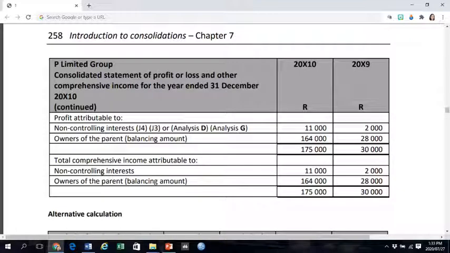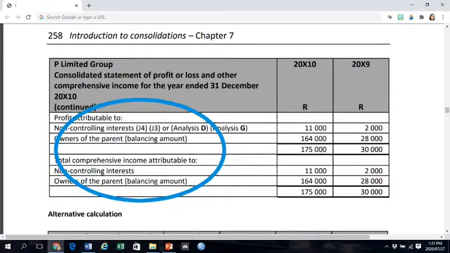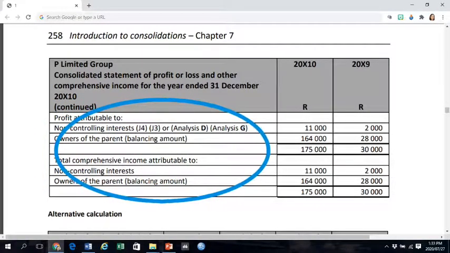The consolidated statement of profit and loss is never complete until you've done the portion where you attribute profit to the owners of the parent and non-controlling interest at the bottom. What you had to pick up here was that the portion of profit attributable to my non-controlling interest at the end of 20x10 is that 11,000 Rand that we've calculated in Journal 4.